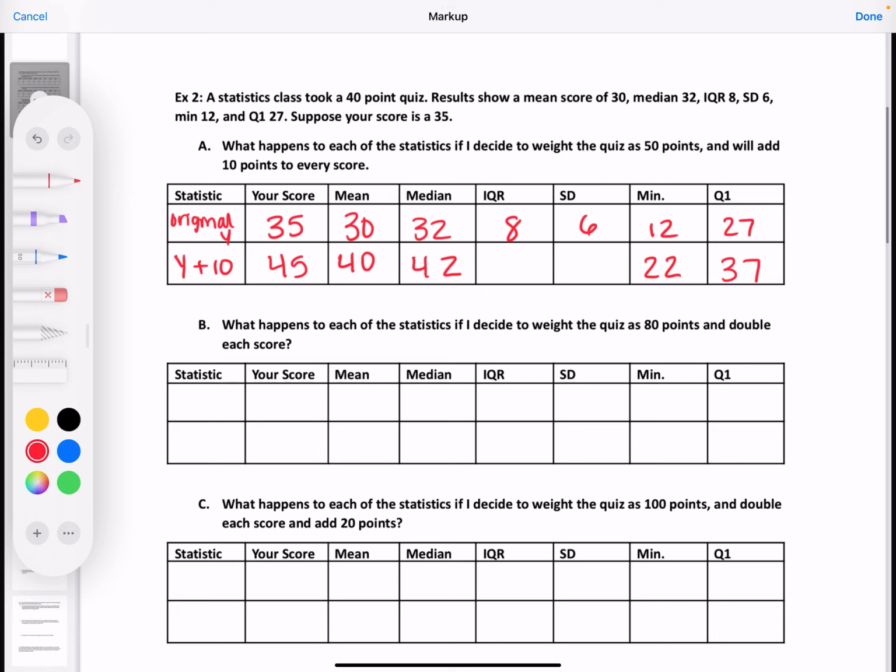Oh, wait, your Q3 is getting bigger. If I added 10, it's also going to get 10 added. So the IQR is going to stay the same. When you're adding, IQR stays the same. Standard deviation, for a similar reason, because everything's changing by the same amount, is also going to stay the same.